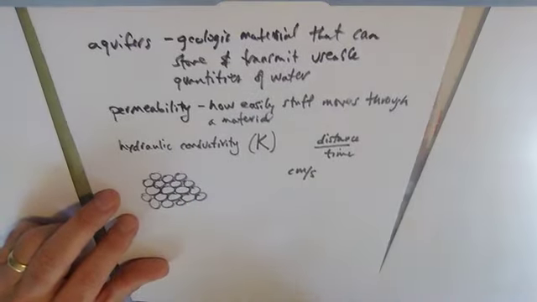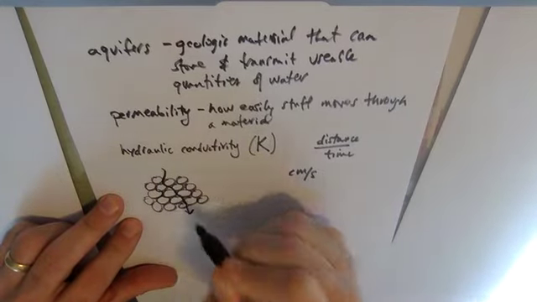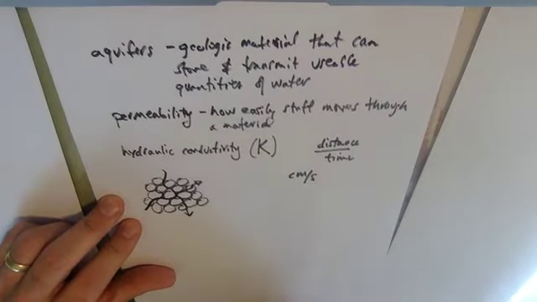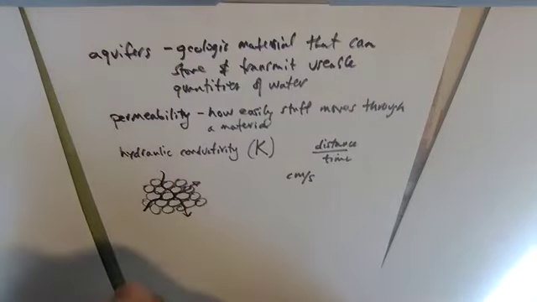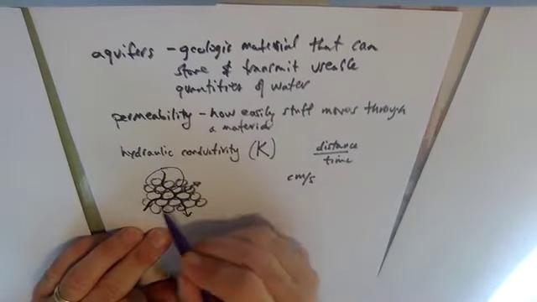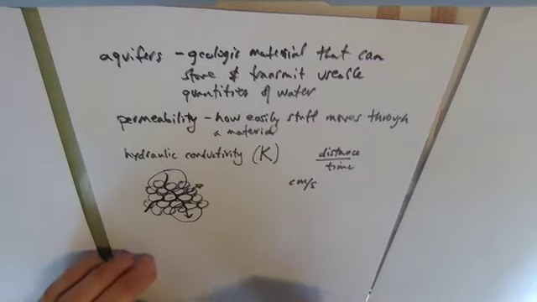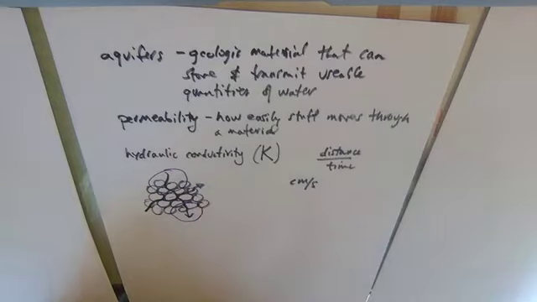And if you have something that looks like this, then you can imagine that water could move this way just as easily as it moves this way. And that water moving over in here, in this part of the material, is going to be able to move just as easily as it can over in here. So it can move in any direction with the same degree of ease, and no matter where you are, it has the same properties.